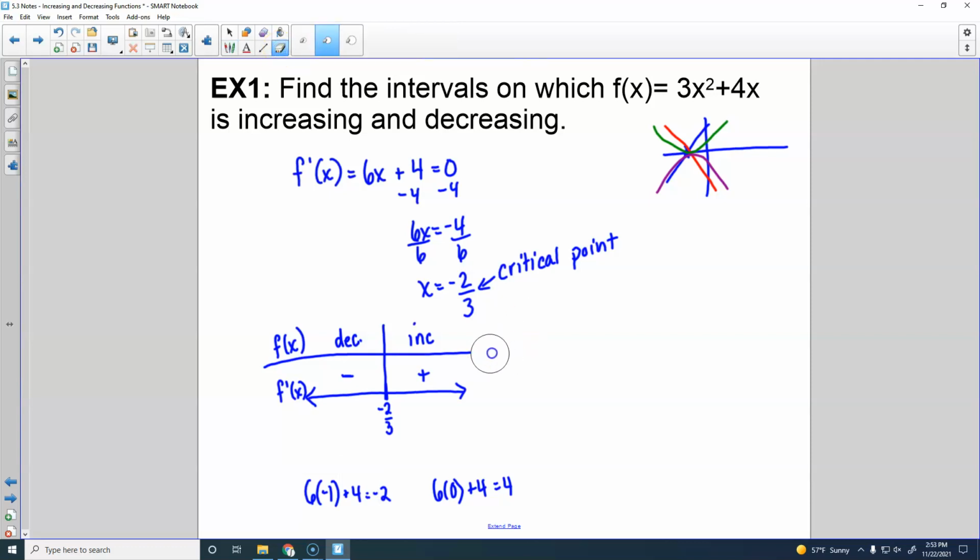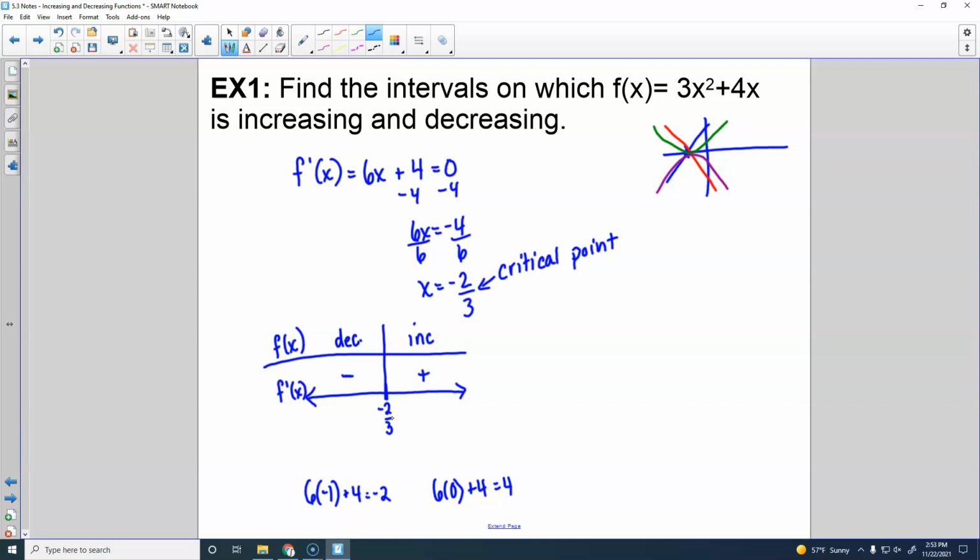Now, here's the thing that AP is very particular about. This chart right here is not enough for your answer. I like the chart, and I always draw the chart because it helps me organize my thoughts.